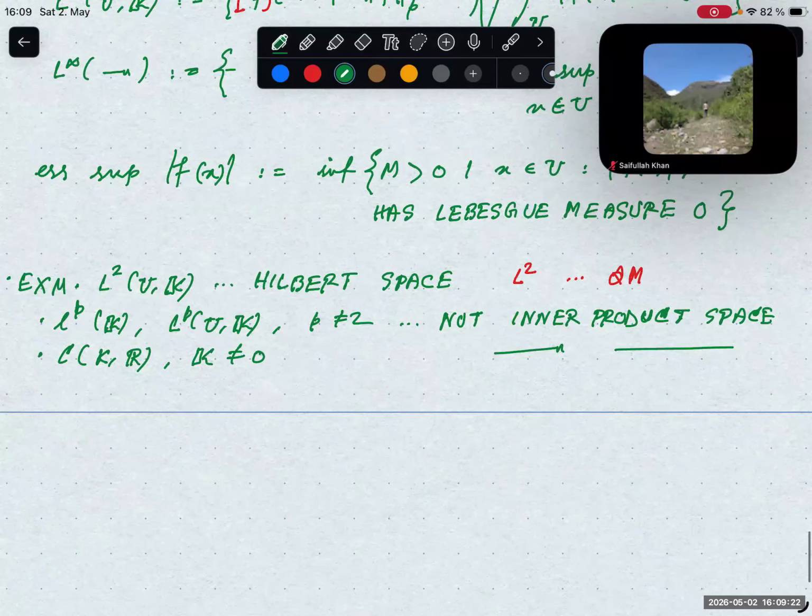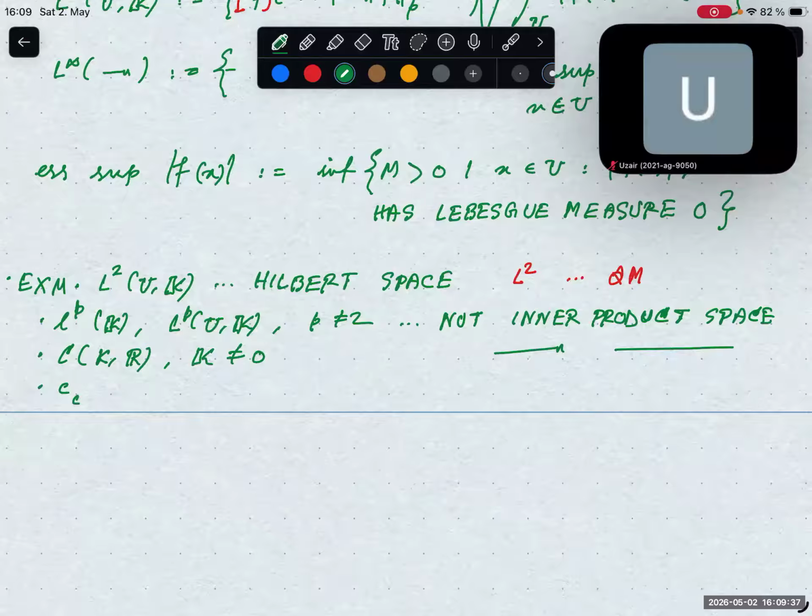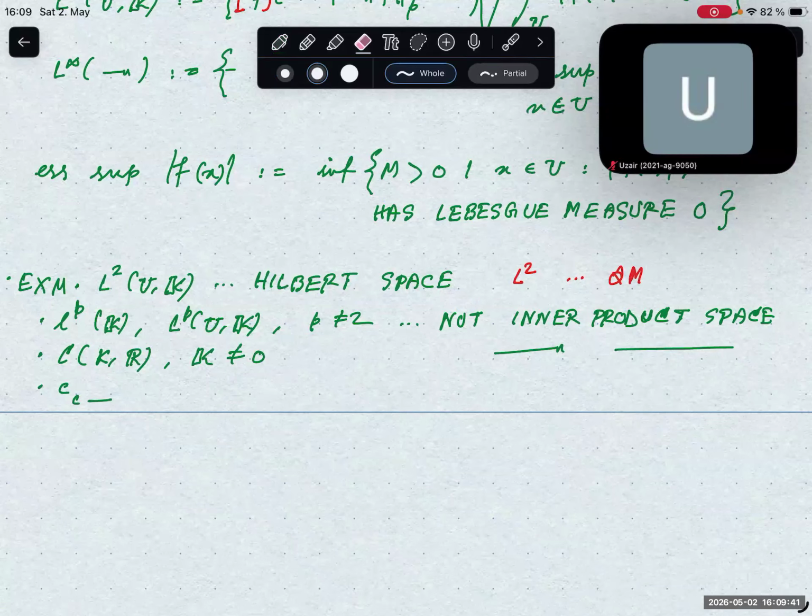Now we want to give an example which is an inner product space but not complete. And that is the small c, another small c, where c stands for compact. Maybe I write compact, CPT.